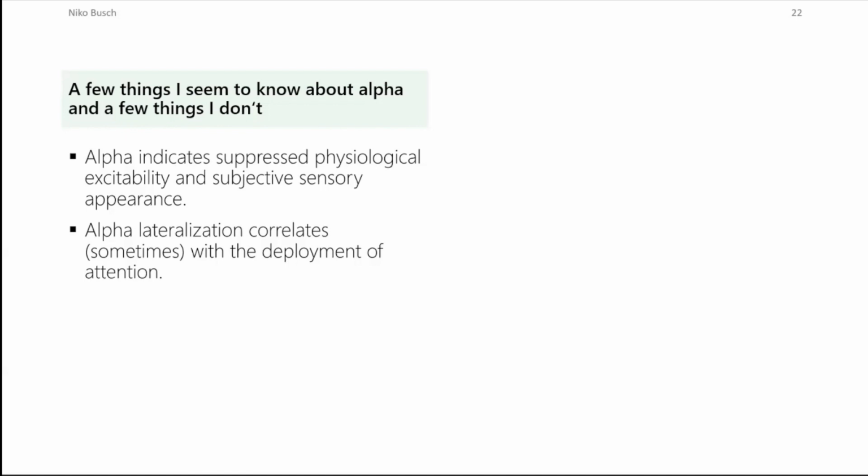When we cue subjects to selectively process part of the world, then very often the direction of lateralization matches the focus of attention. But sometimes it doesn't. For example, in the inhibition of return paradigm, where paradoxically attention reorients away from the cue.